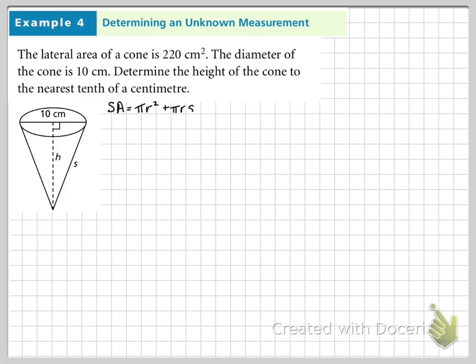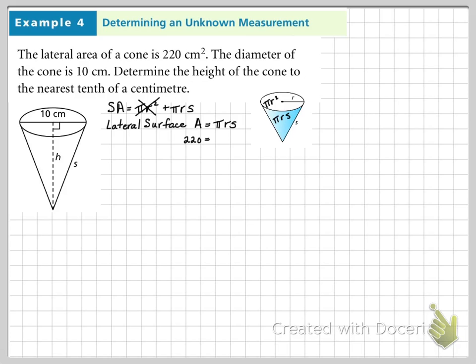So we can say the surface area is pi r squared plus pi rs, but we're only given the lateral surface, which is pi rs. We don't need the pi r squared. We're not told that part.